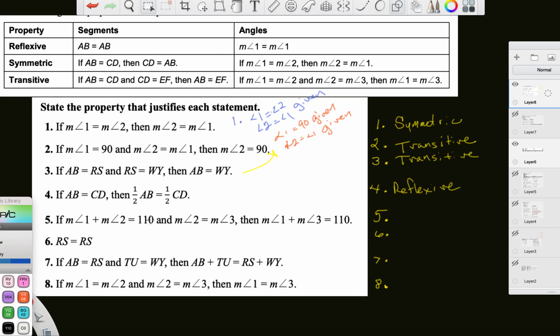If 1 plus 2 is 110 and 2 equals 3, then 1 plus 3 is 110. We're back at transitive. RS is equal to RS. Well, we just reflected ourselves. If AB is equal to RS and TU is equal to WY, then AB plus TU is the same as RS plus WY.